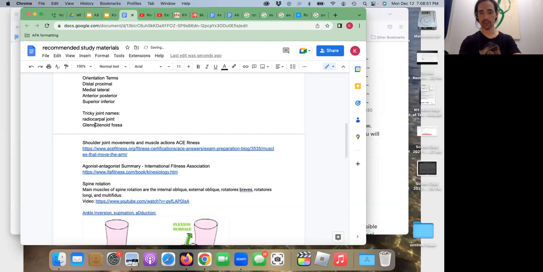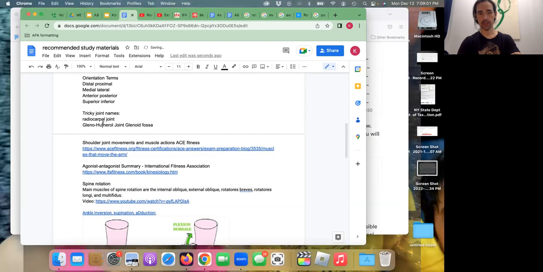The glenohumeral joint is another name for the shoulder. You may find it spelled like two words, or like one word. It just depends on who's doing the spelling. What's important is that you see both of those words in there. That's the humerus in the glenoid fossa.